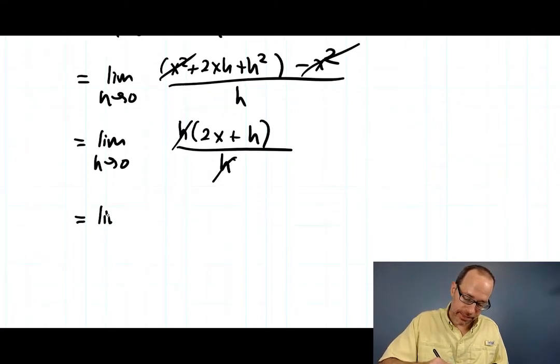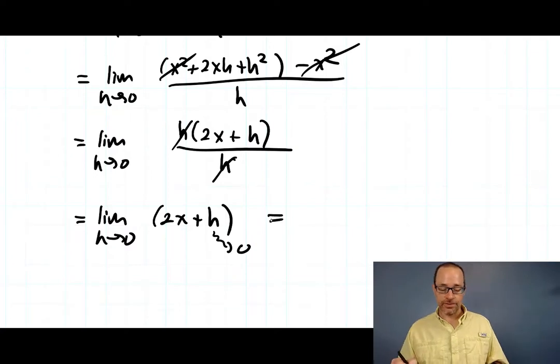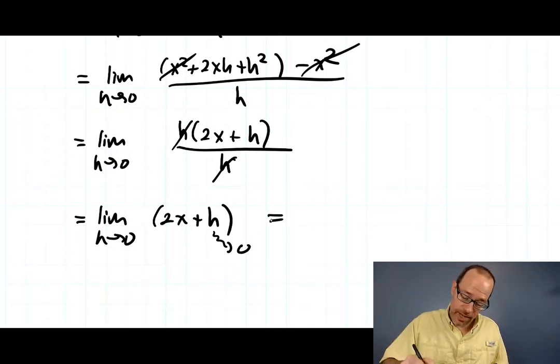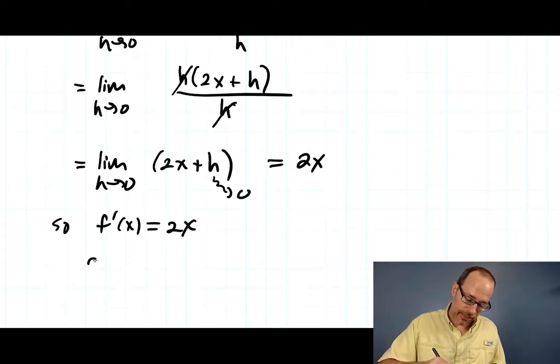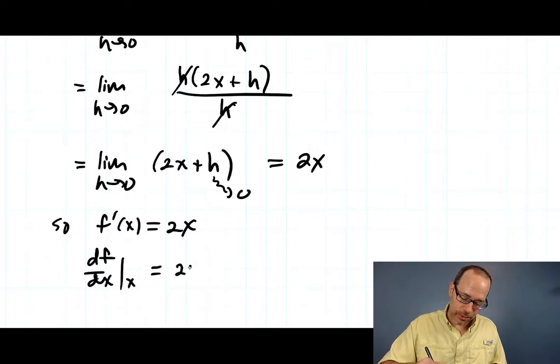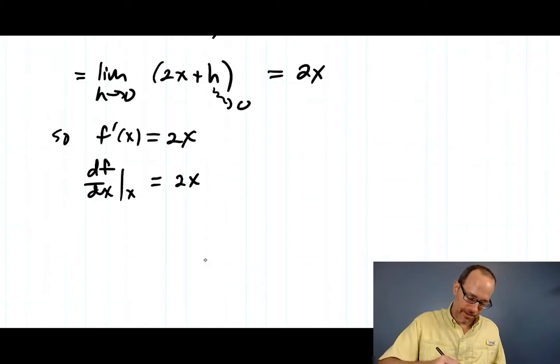So we get the limit as h goes to 0 of 2x plus h. Now this h is zipping off to 0, and the 2x just stays 2x, so the limit is 2x. So f prime at x is just 2x. And alternately, you could write df dx at x is just 2x. Just different notation.